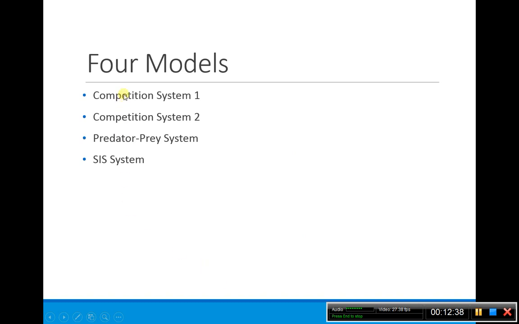Okay, so you're going to be looking at 4 different models in this assignment. You're going to be looking at the system that I just talked about, another competition system, and a predator-prey system where one of the species is a predator and the other species is the prey. And you're going to be looking at an SIS system, which you can think of as kind of like the flu spreading.